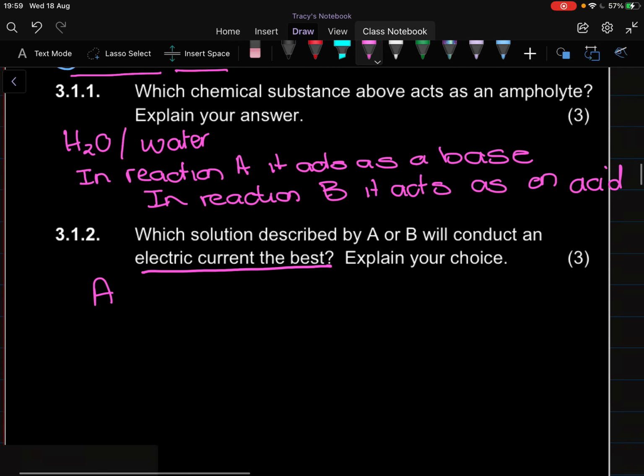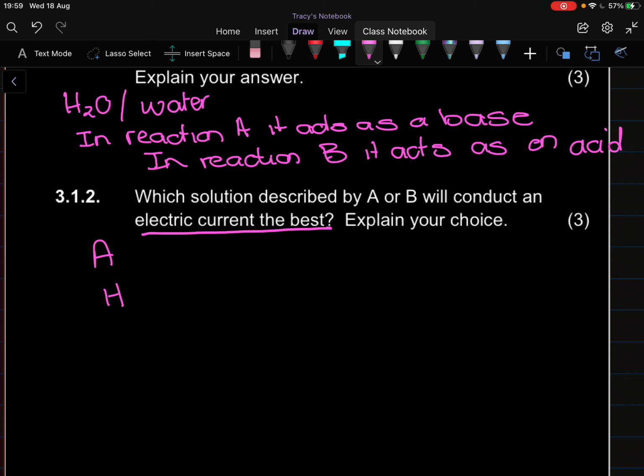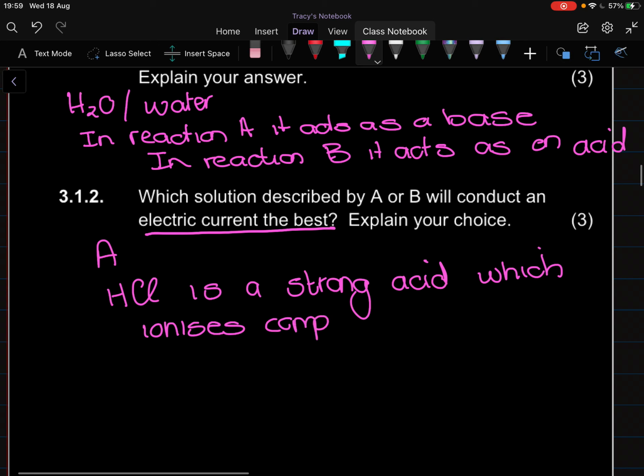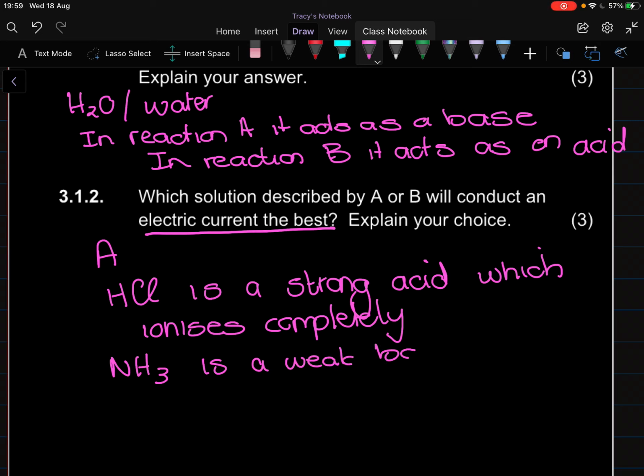HCl is my strong acid. My answer is A. Why? HCl is a strong acid which ionizes completely. NH3 is a weak base which ionizes only slightly.